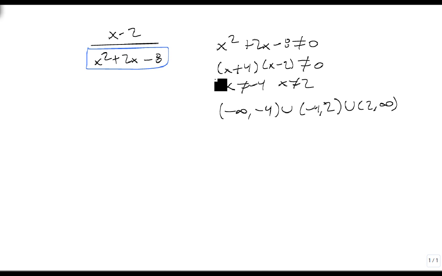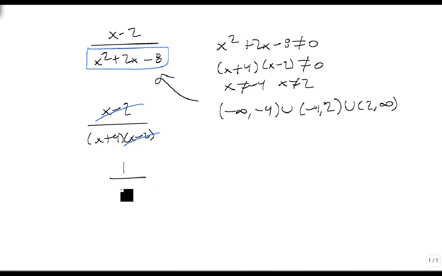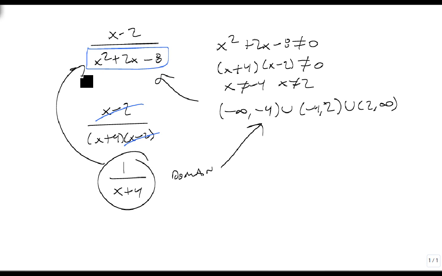And as well, if we go back to the original, this gives us x minus 2, x plus 4, x minus 2 on bottom. Notice that these divide out, but this is really, really important. When I rewrite this answer, the domain is still that. Even though the x minus 2 divided out, the 2 cannot be a part of this, otherwise it's not the exact same as this.